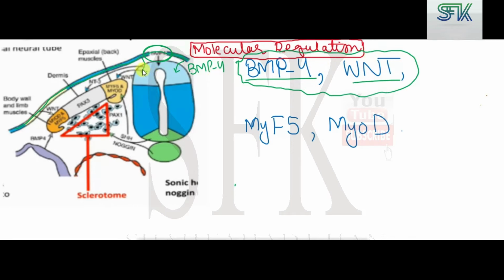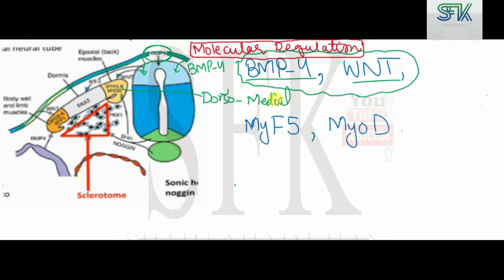The WNT protein is secreted from here, and it goes and binds to the dorsomedial myotome.